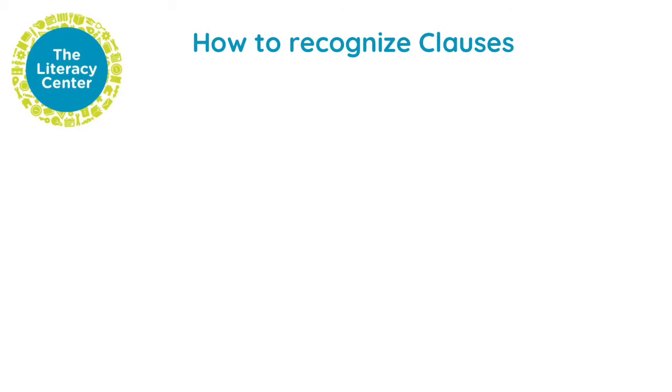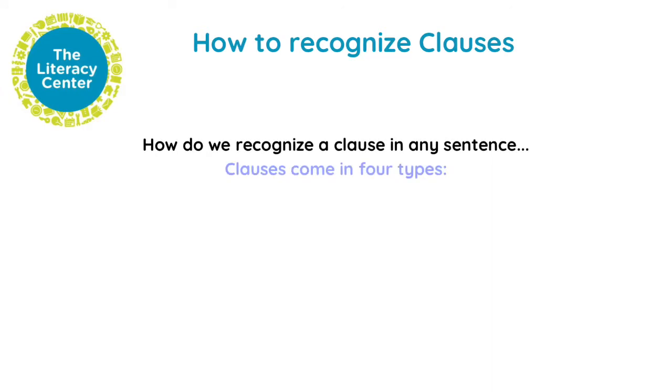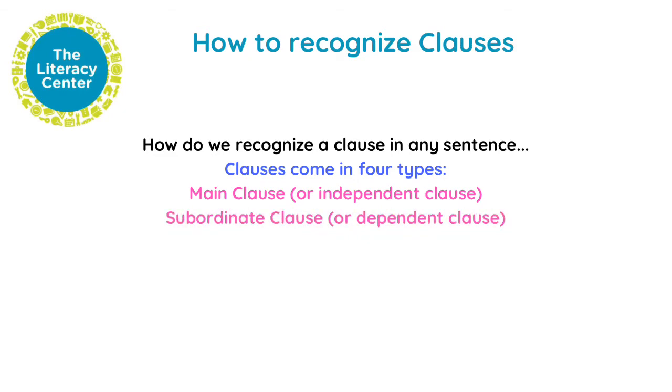So, when we talk about clauses, how do we recognize them in any sentence? Clauses come in four types. First is the main clause, or we call it the independent clause. Second is known as the subordinate clause or dependent clause. Third is known as the adjective clause or relative clause.